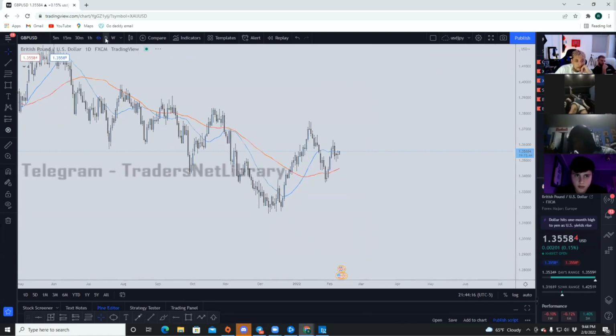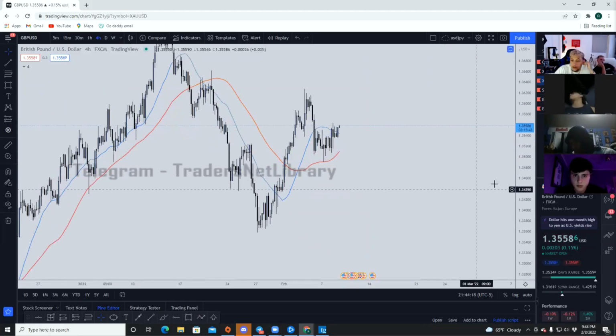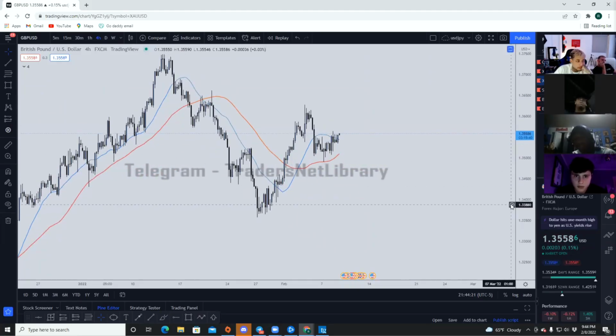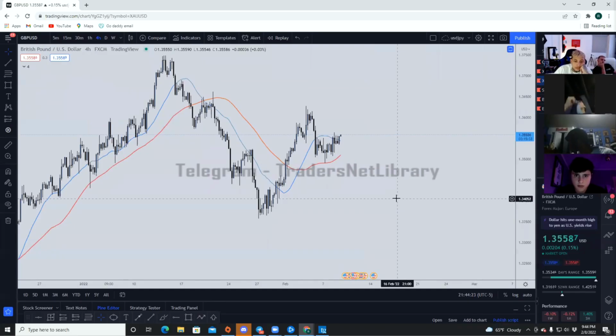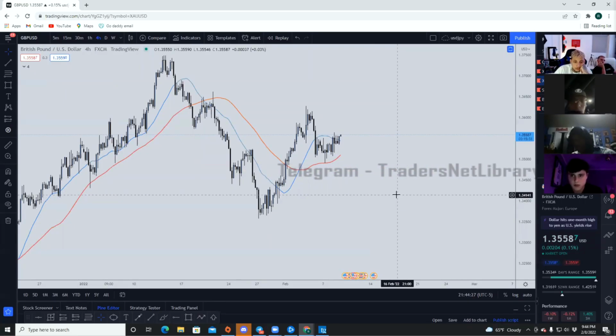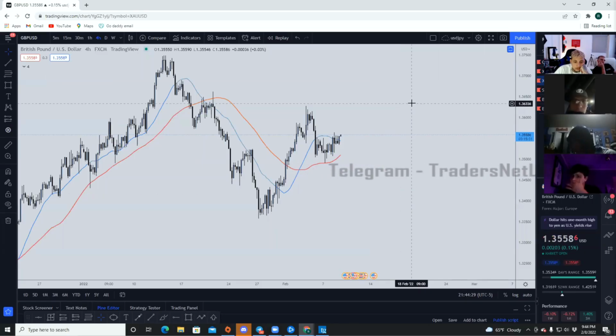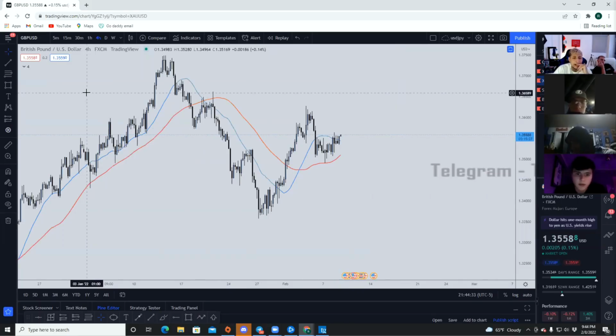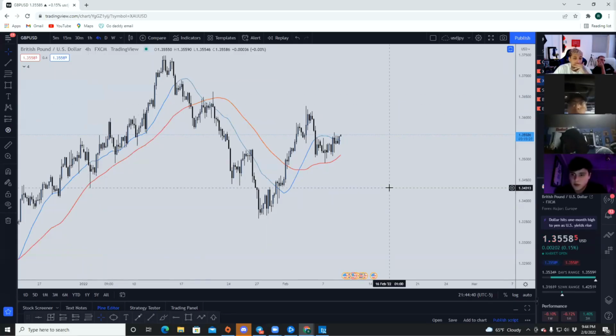On the 4-hour, I see that the price has broken the structure and made a new lower low. Then the price consolidates, but at that point I don't know what to do.